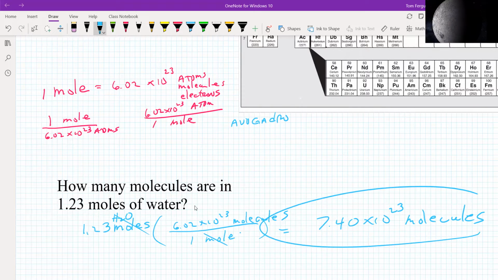Okay, so we have 1.23 moles of water. This is exactly like unit 1 in chemistry.